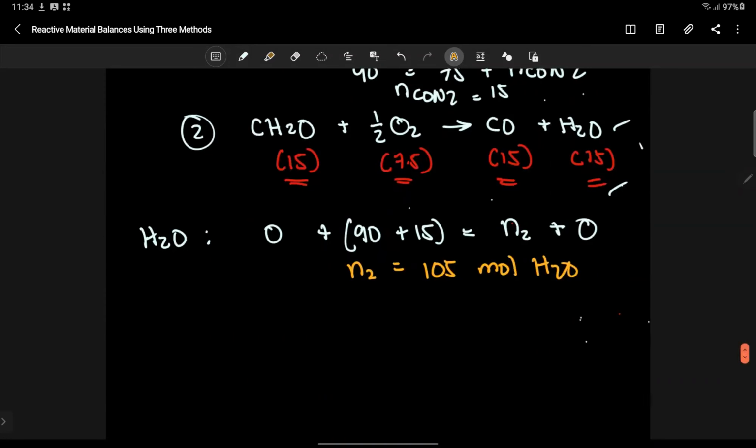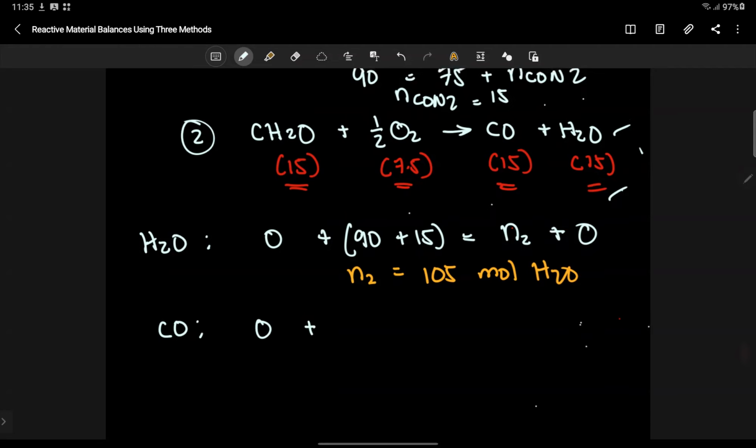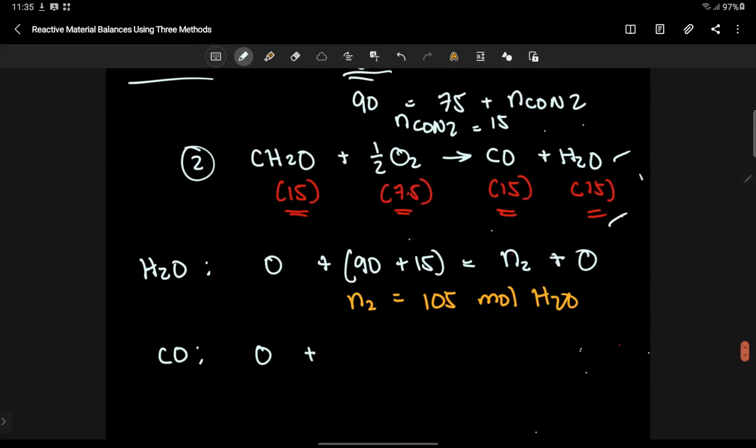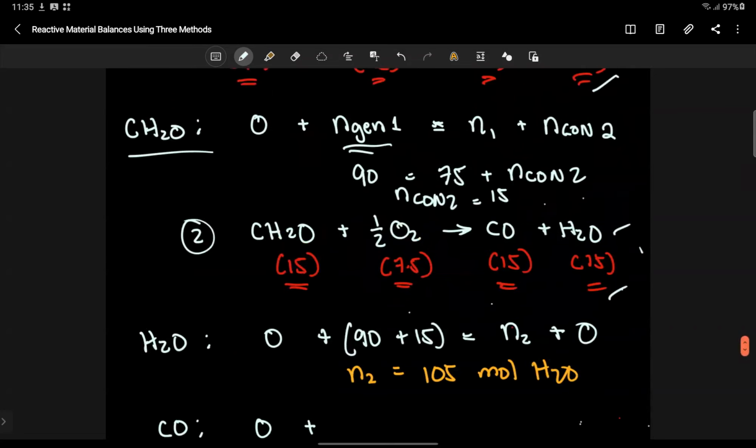Okay. Next is carbon monoxide. Pinasok, wala. Generated carbon monoxide, meron ba? Just look at the reactions.